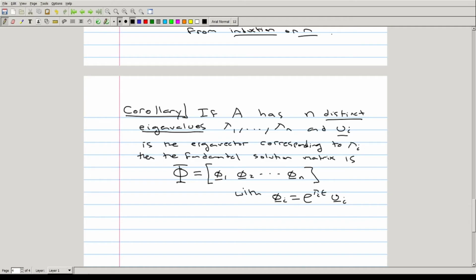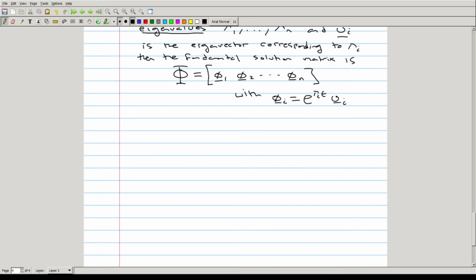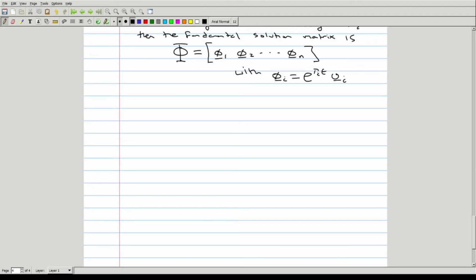And this also gives us a set of n linearly independent solutions. So let's go through and look at a couple of examples. This first example will indicate what happens when we have distinct real eigenvalues.